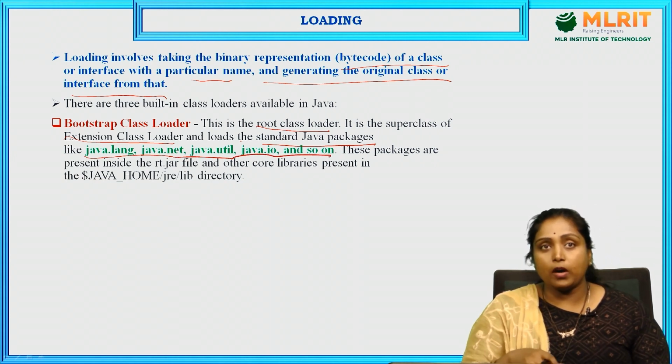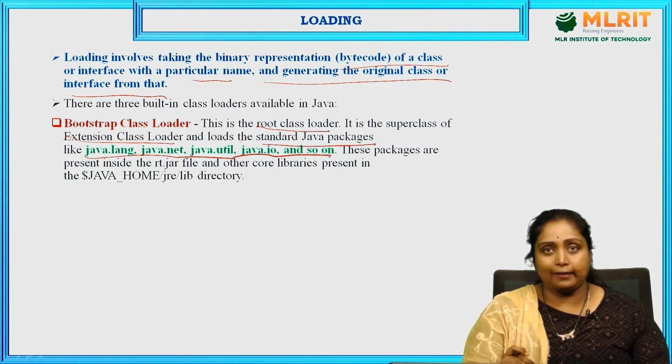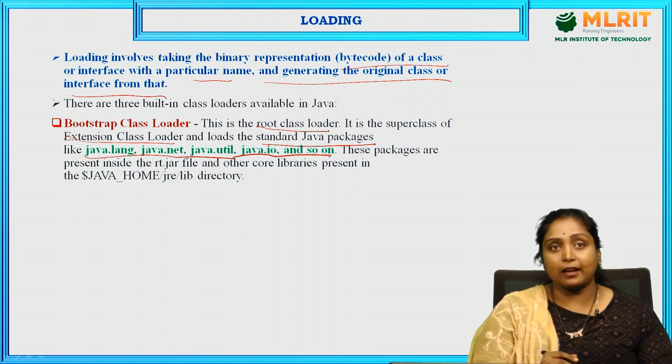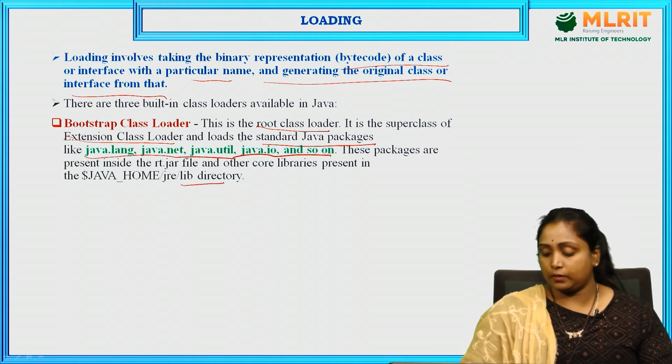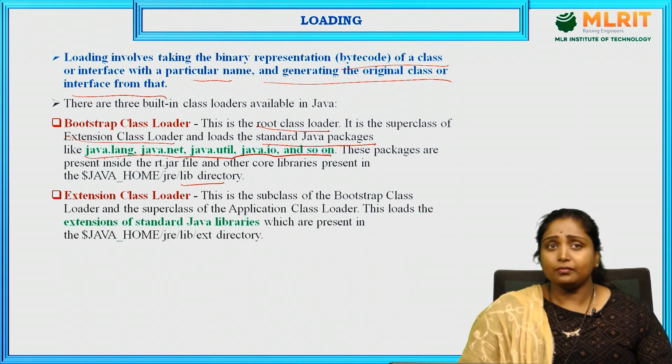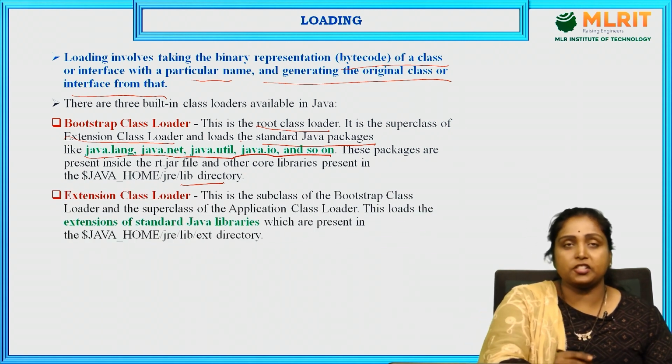All of these come under the bootstrap class loader. These packages are located in the library directory where the Java programming language is installed. The next class loader is the extension class loader.